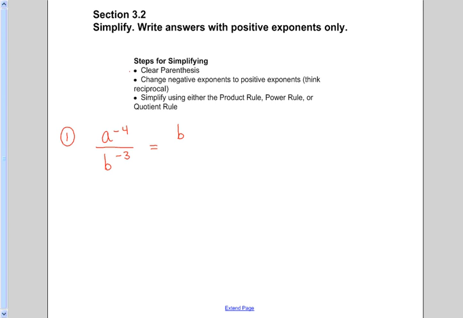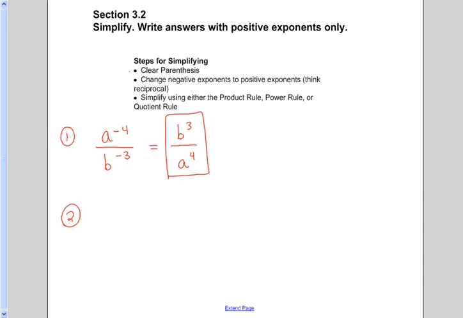That means b to the third goes to the top, a to the fourth goes to the bottom. When you do that, it changes those negative exponents to positives. So then we go to the next step, which is simplify. Can I simplify this any further? Not if they don't have the same variable. Okay, so this is it. B to the third over a to the fourth.